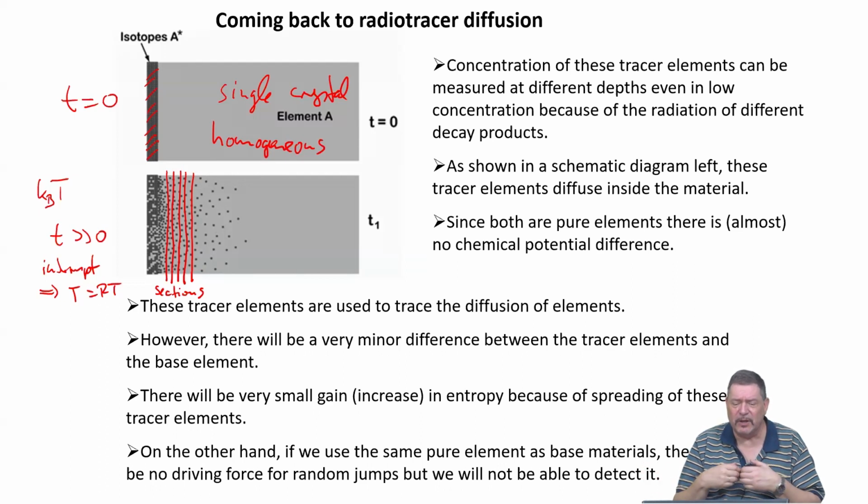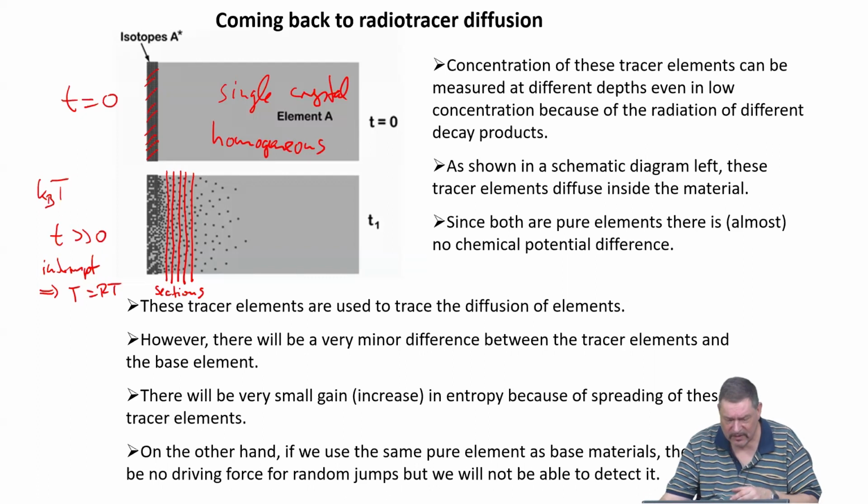And this is why we like to have concentrations on the ppm level of these radio tracers. And only then we say that what we measure is really a signal that can be evaluated as related directly to the self-diffusion coefficient in a material of a certain element. So it's really two advantages.